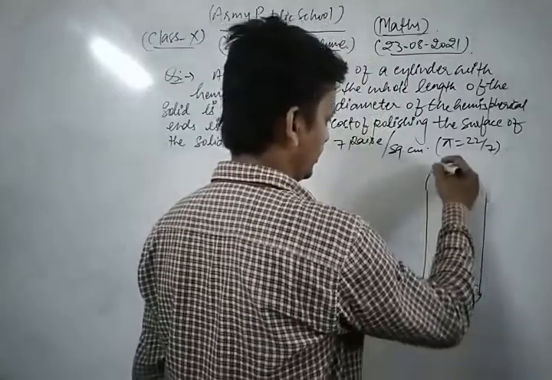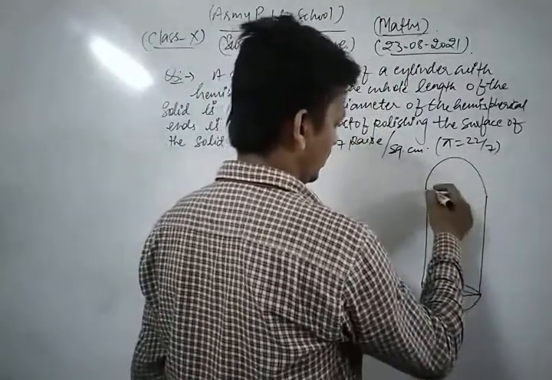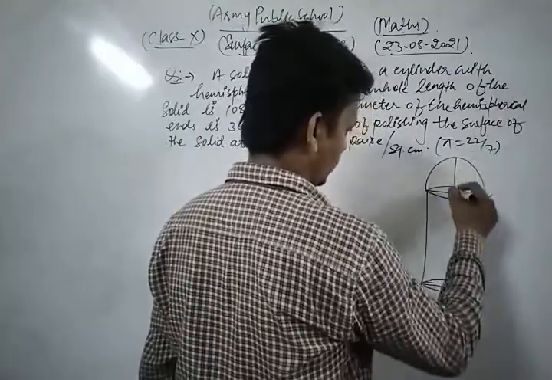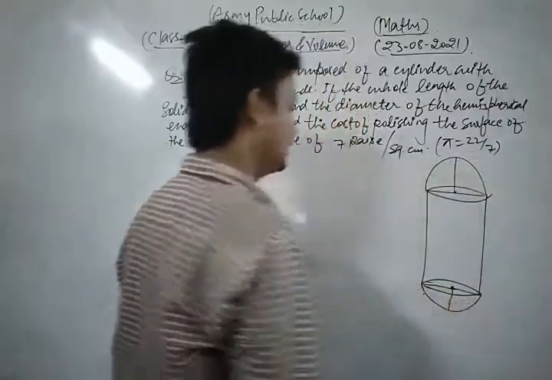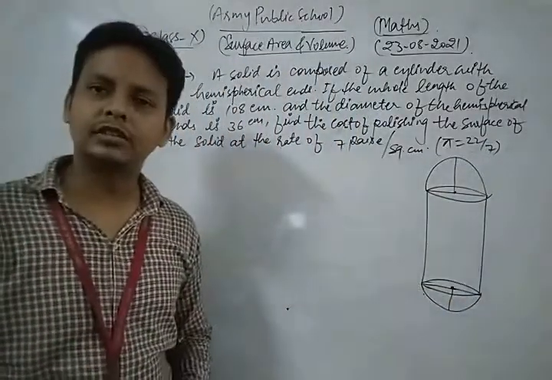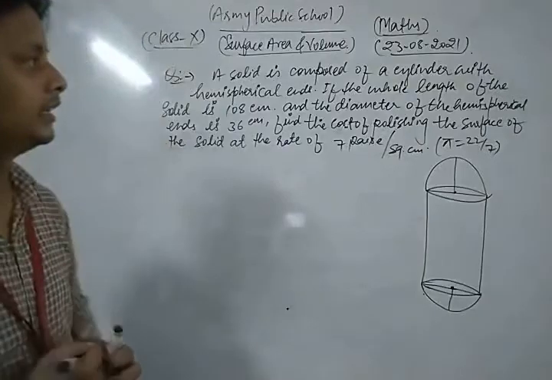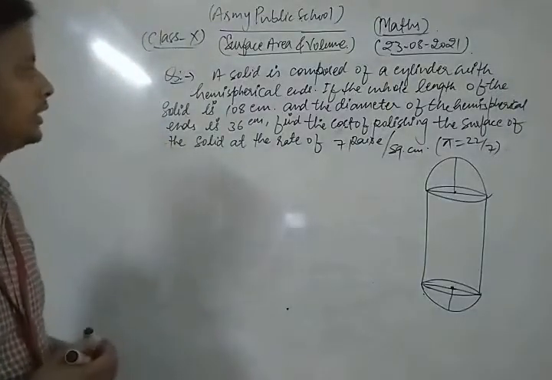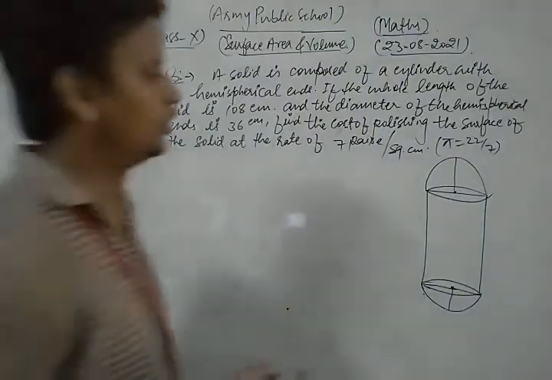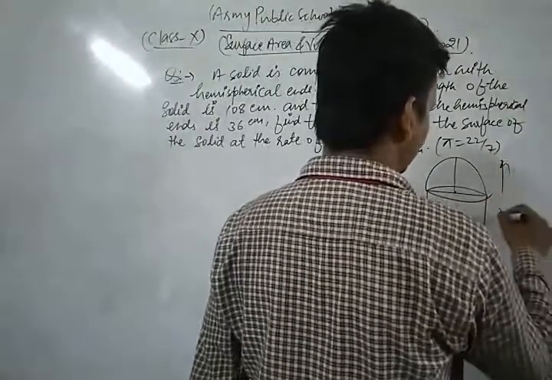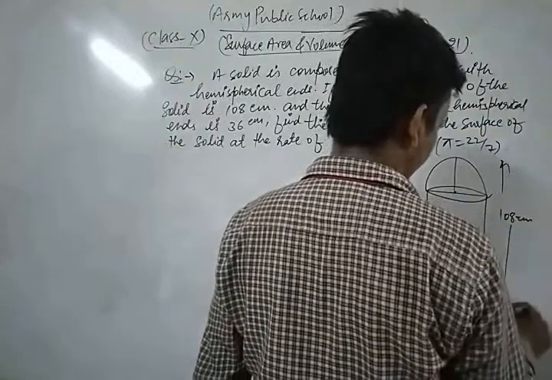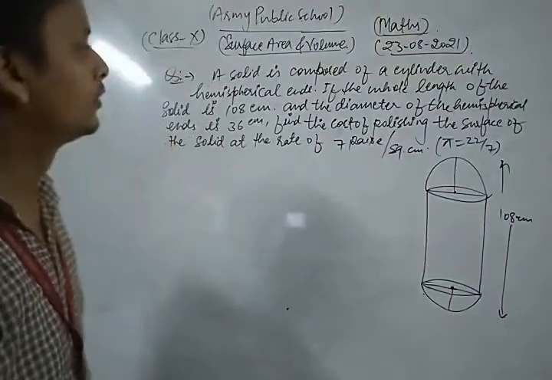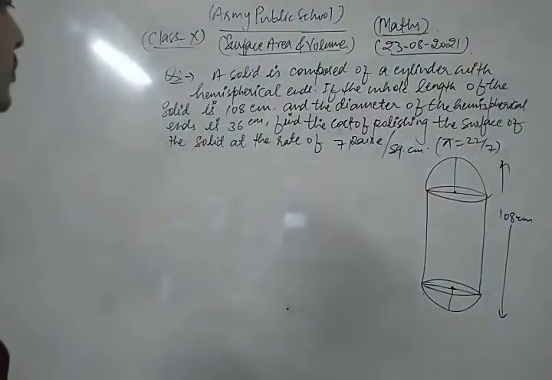This is the shape of the solid, a cylinder with hemispherical ends. The whole length of the solid is given as 108 centimeter, and the diameter of the hemispherical ends is this.